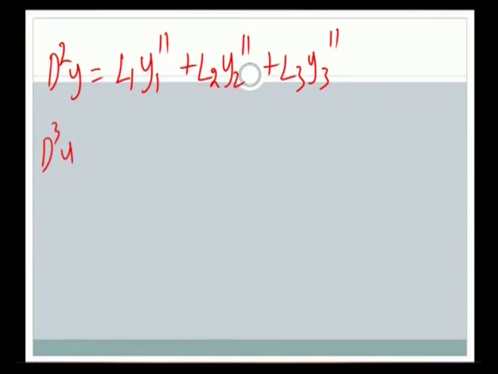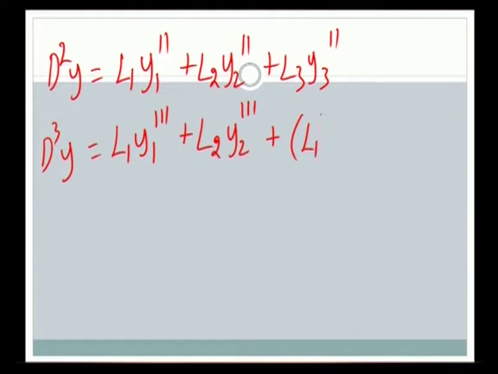Now, go to d cube y. So, d cube y is equal to differentiation of this equation once again. Now, we will get L1 y1 triple prime plus L2 y2 triple prime plus L3 y3 triple prime plus L1 prime y1 double prime plus L2 prime y2 double prime plus L3 prime y3 double prime.